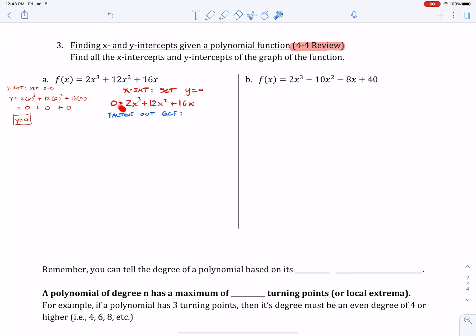My leading coefficient is greater than 1. It's a 2. And I want to see, can a 2 be factored out of 12 and 16? It can. Not only that, but an x variable can be factored out of each one as well. So my greatest common factor is 2x.